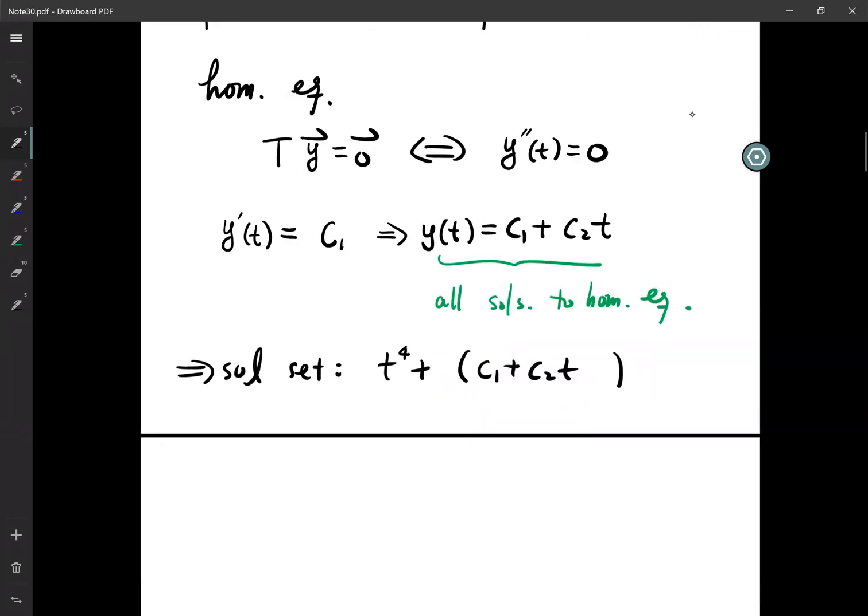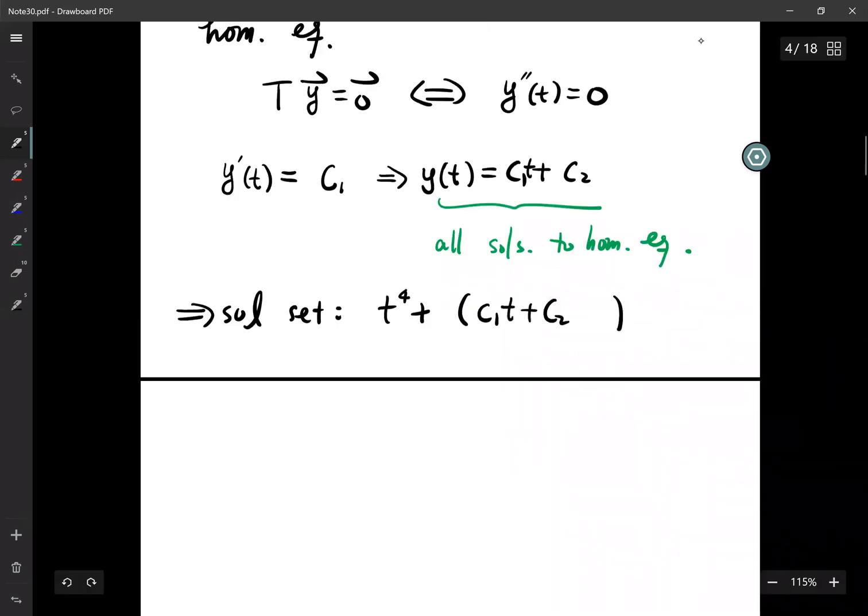Any question? Yeah, there's a hand. Professor, when we integrate C1, we get C1 t plus C2. Yeah. Any other question? And you might say that, well, this is really complicated, right?